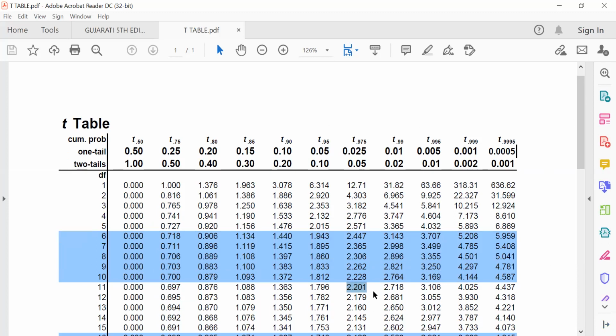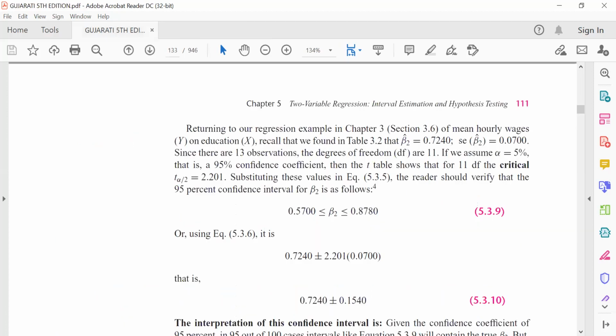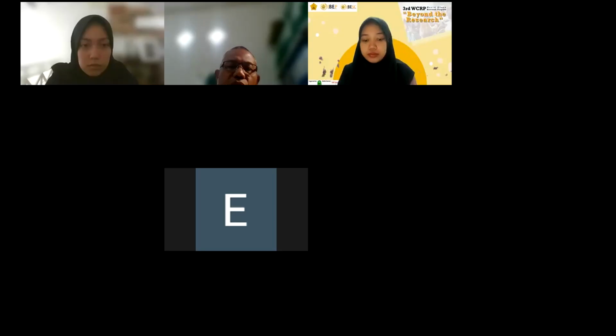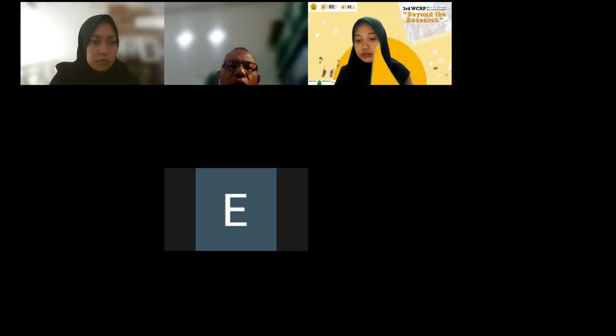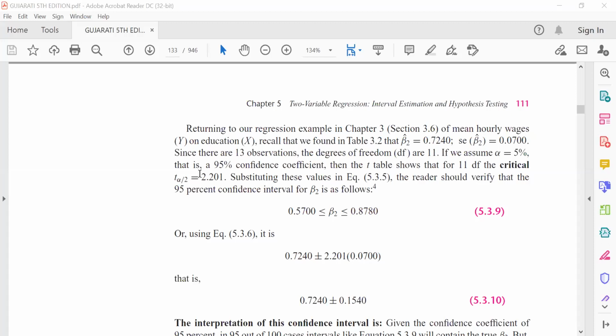Because we said that the confidence level is 95%, we have 2.201 as the critical value based on these equations.